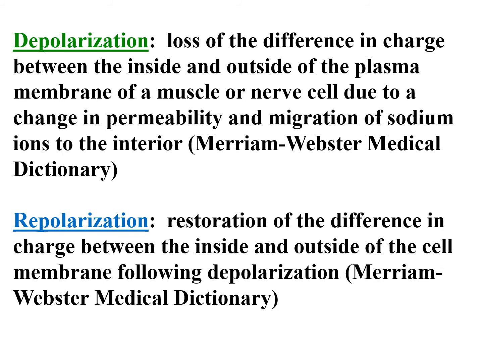So the first term, depolarization, is technically an electrical process that occurs when there is a change in charge between the inside and the outside of a membrane. And typically we talk about that membrane being part of a muscle fiber or a nerve cell, a neuron. And it's due actually to the movement of a particular ion called sodium.